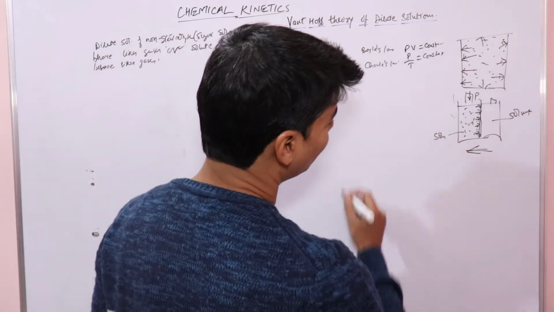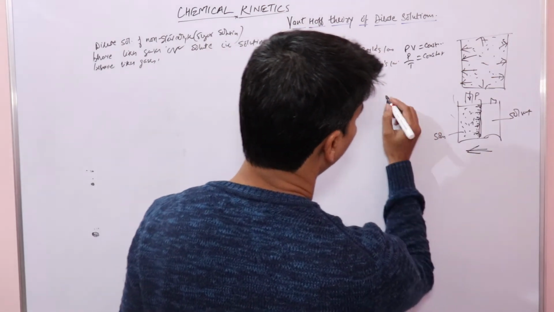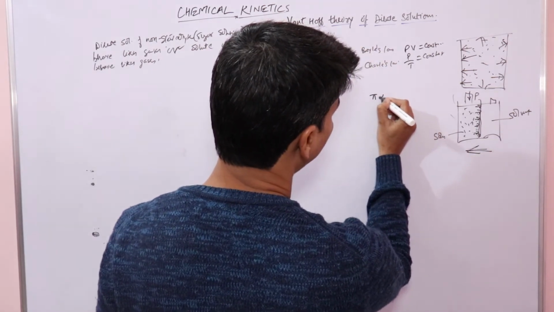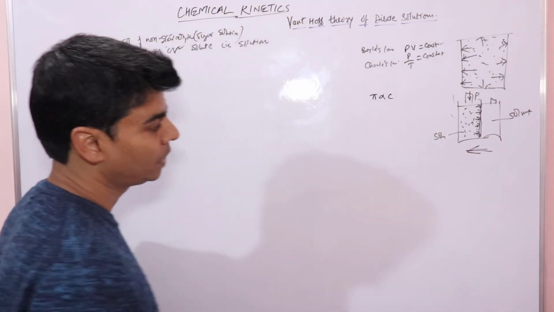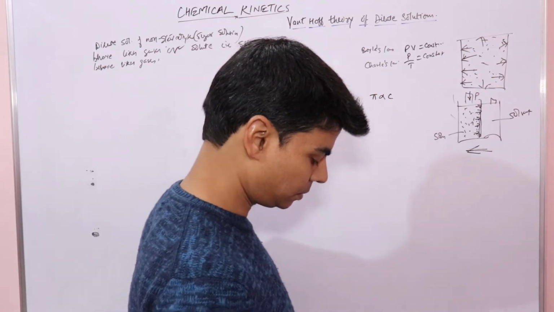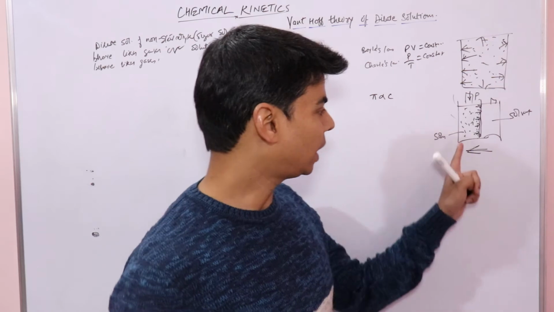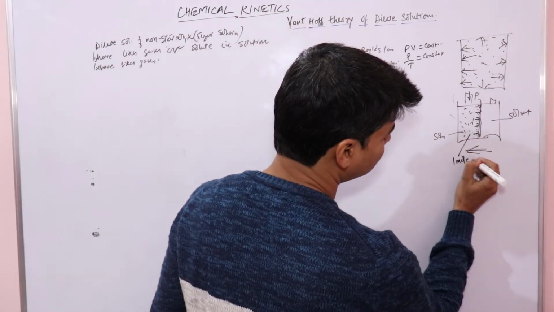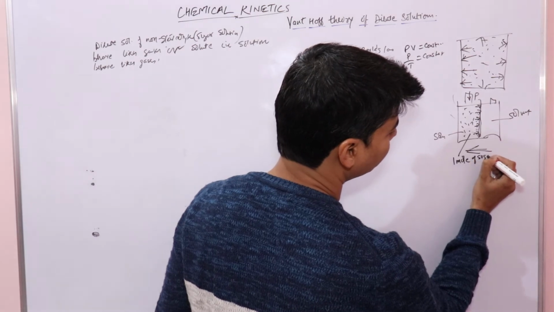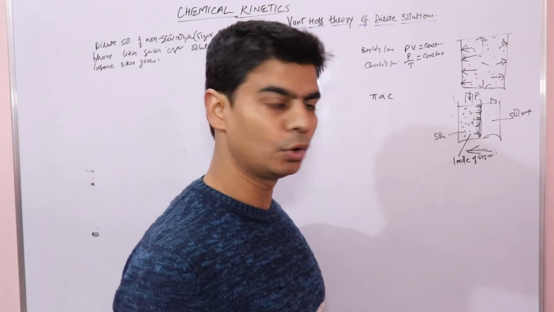And we know that osmotic pressure is denoted by pi. So we say that pi is directly proportional to concentration. Let's say we have this solution, which contains 1 mole of sugar.